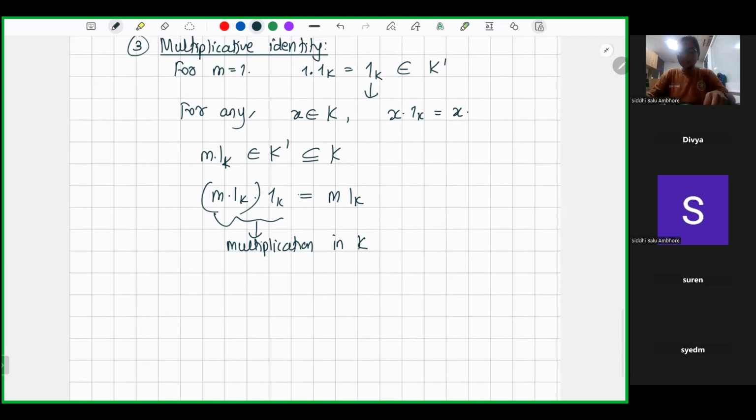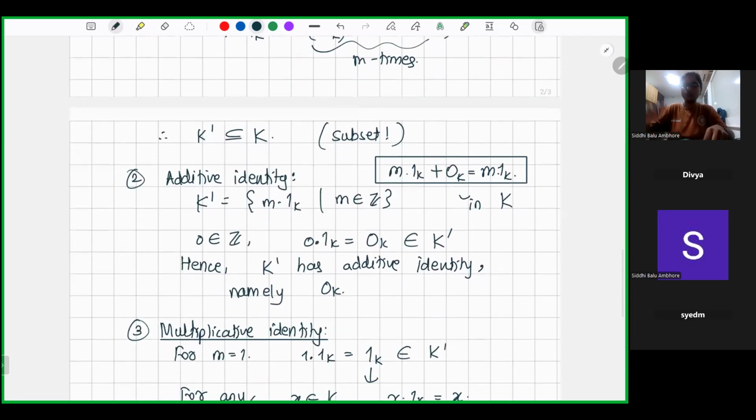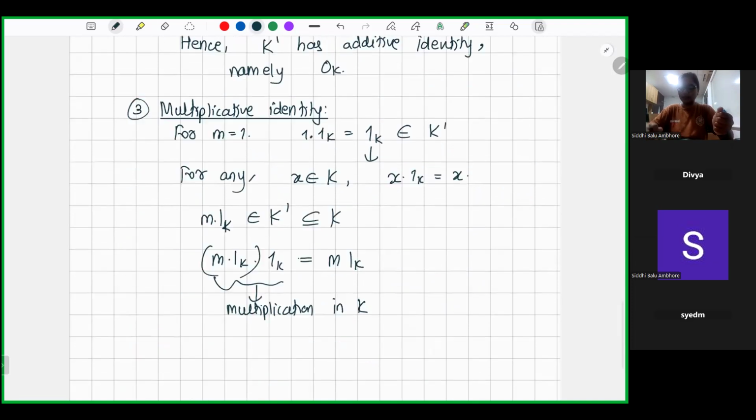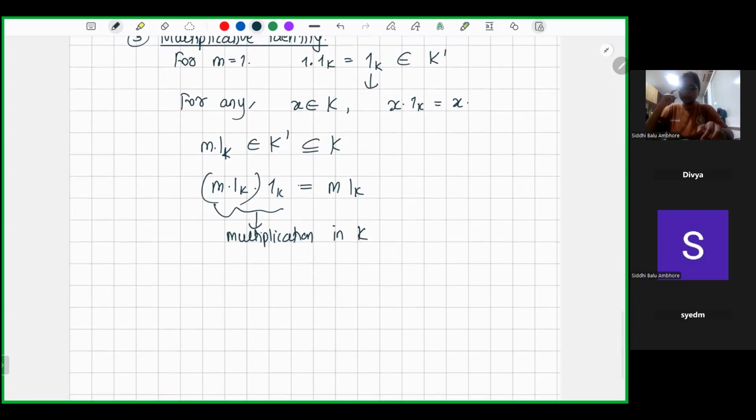So that's what we are trying to do. The 0 for the field, we have multiplication and addition, so 0 is the similar 0 we have here. And the multiplicative identity is the similar 1k which we have from the set.